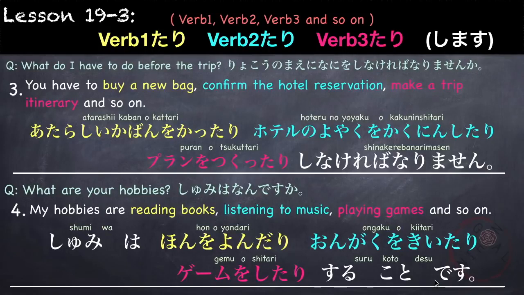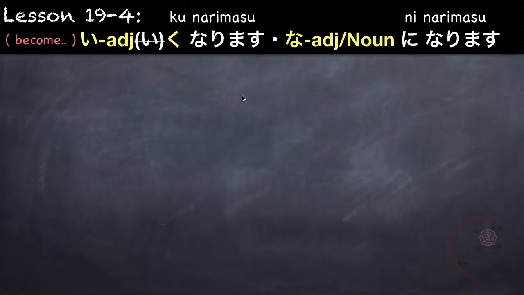So here we have 趣味は本を読んだり、音楽を聴いたり、ゲームをしたりすることです。Next is the word なります, which means become or to become. So it is attached after an i adjective, na adjective, or a noun.